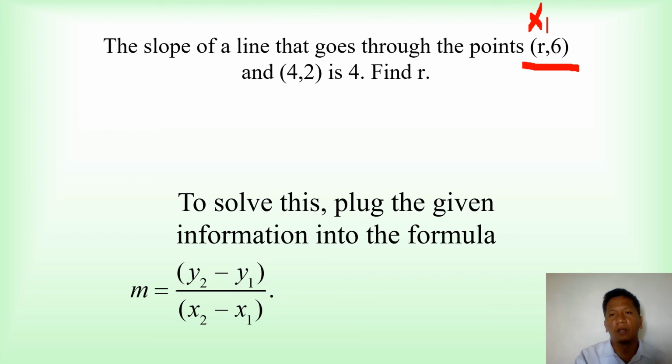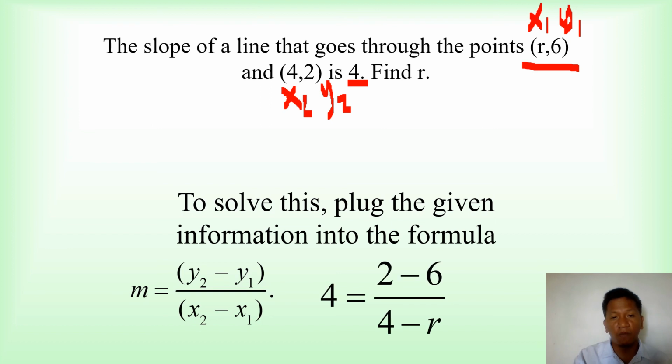And our y sub 1 is 6. Our x sub 2 is 4. While y sub 2 is 2. Then plug into our formula. Ay, may nakalimutan tayo. Our slope is 4. Pag plug in natin yan, or sinubstitute natin sa formula natin, ganyan ang lalabas.